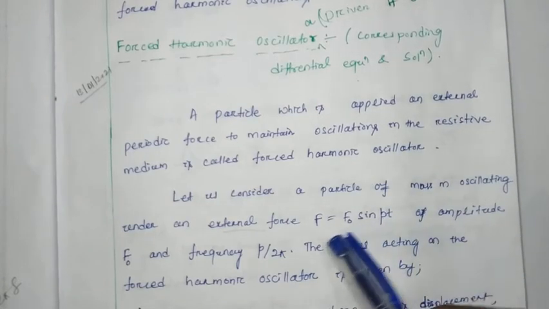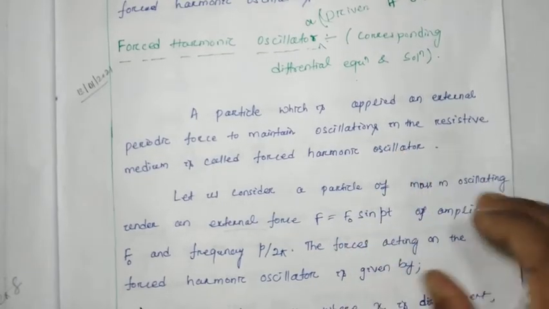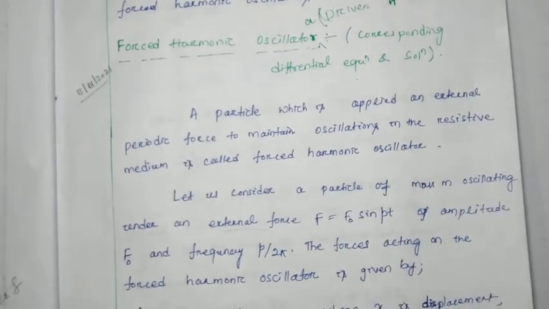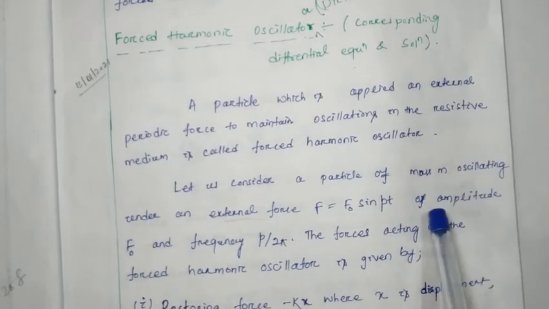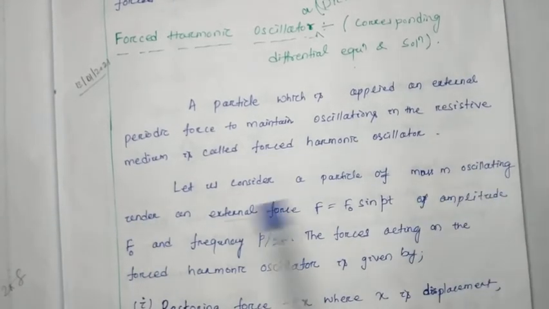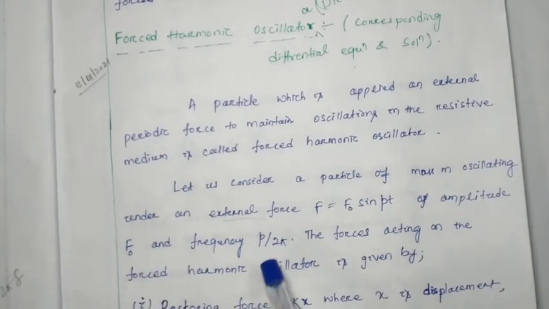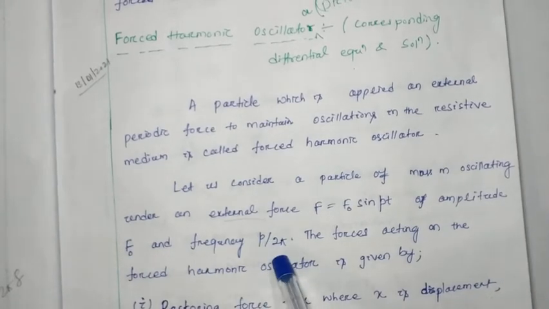Here it is represented by F0 sin pt, having the amplitude F0, and frequency p by 2 pi.